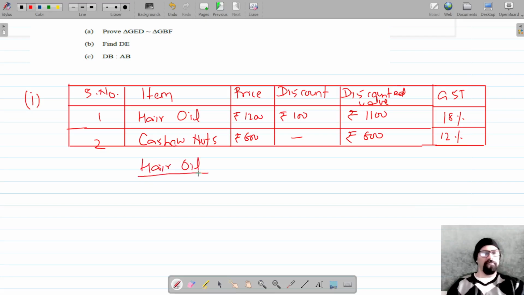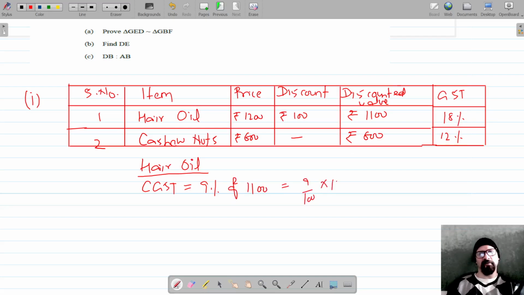And for hair oil, CGST is 9% of discounted value. So GST is 18%, so half is CGST and half is SGST. So 9% of 1100, which should be 9 by 100 into 1100, and it gives us rupees 99.